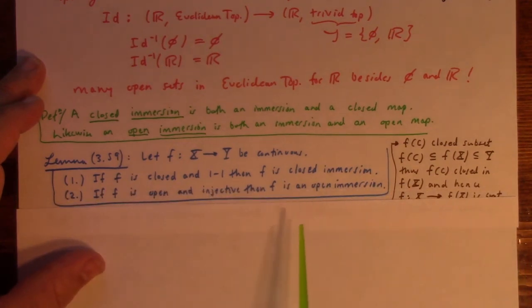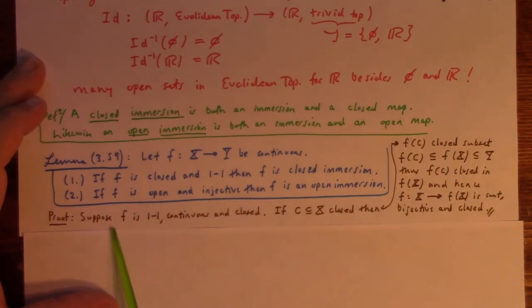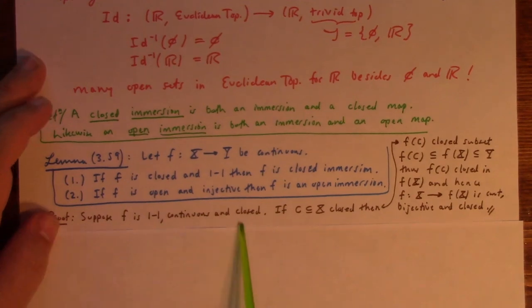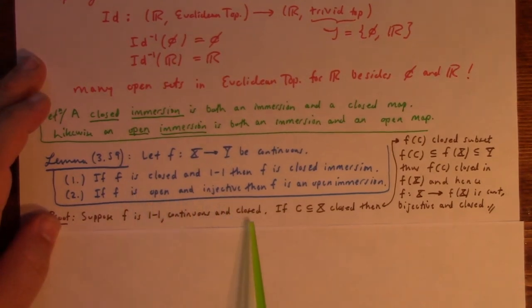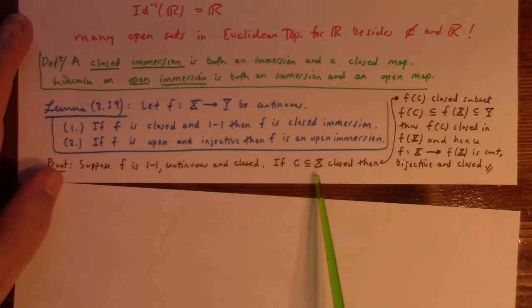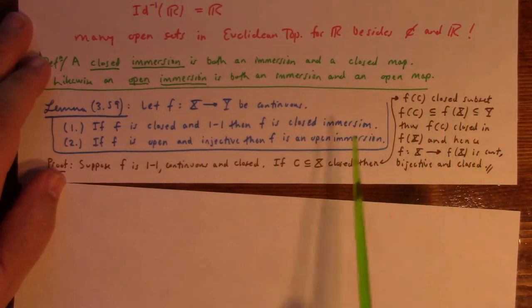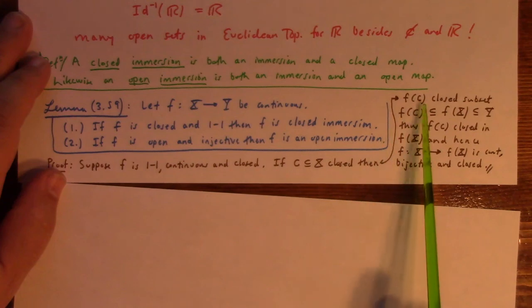Okay, so Lemma 3.59: let F from X to Y be continuous. If F is closed and one-to-one, then F is a closed immersion. If F is open and injective, then F is an open immersion. So here's the proof of, I think, the first one. Suppose F is one-to-one, continuous and closed. Then if C, a subset of X, is closed, that means F of C is a closed subset, because we're assuming F is a closed map, so the image of closed is closed.